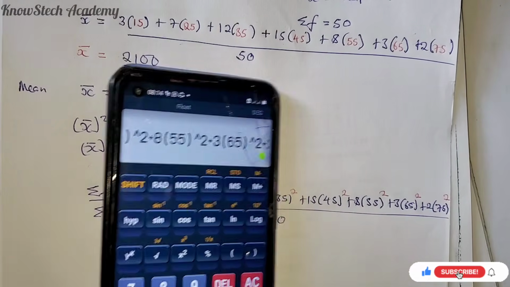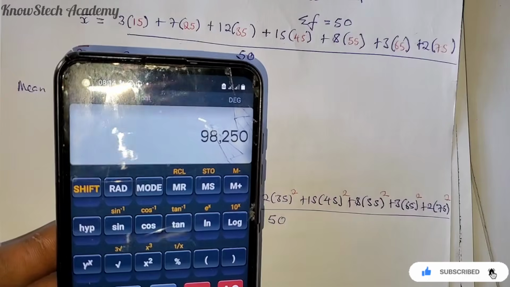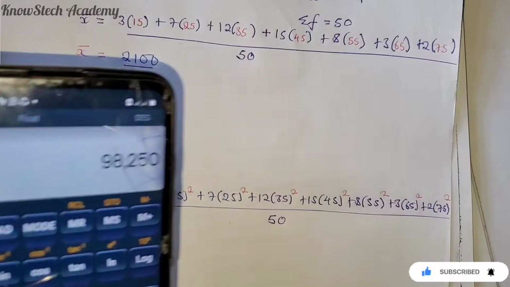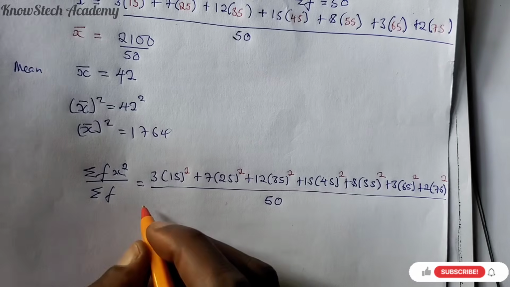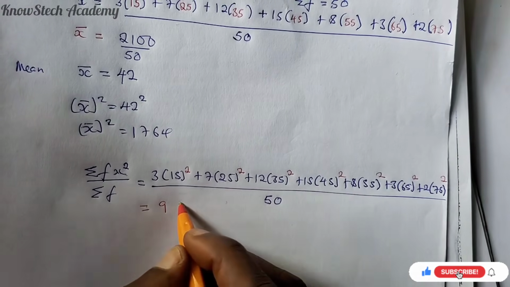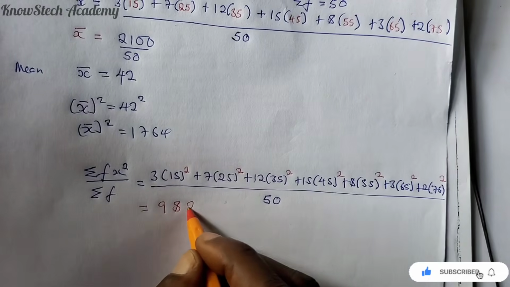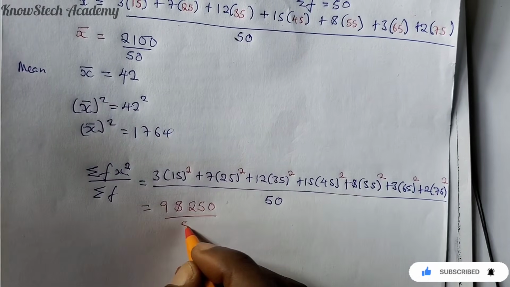Then I'm going to punch the equal sign. So this is giving me 98,250, divided by 50.